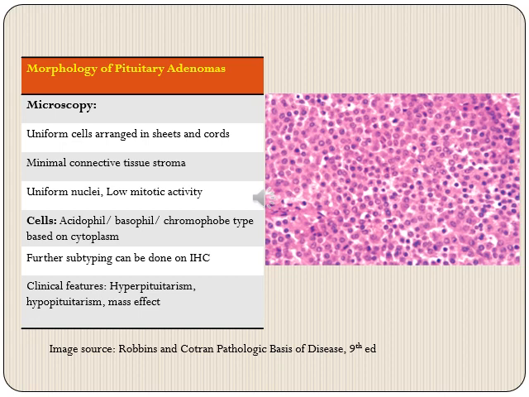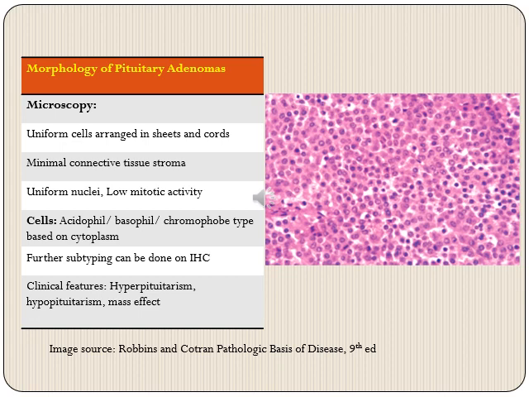The cells can be acidophil, basophil, or chromophobe type depending upon the cytoplasm, just like the normal cells of the pituitary which we discussed earlier in histology. Any of these cells can be seen in a particular pituitary adenoma. Further subtyping is done on immunohistochemistry, where, provided the tumor is functional, antibodies can be used against the various hormones it expresses.